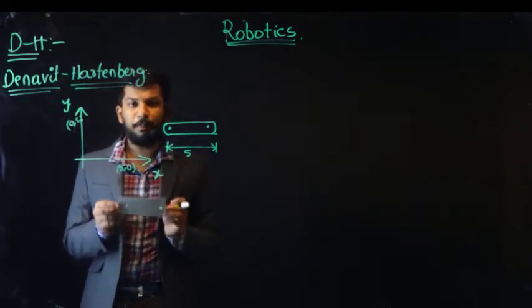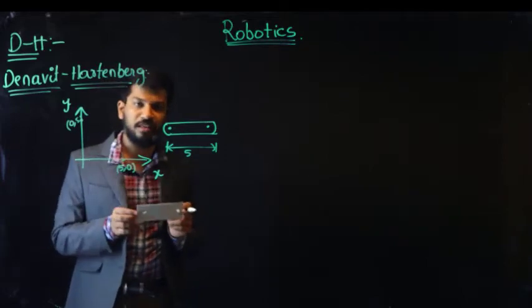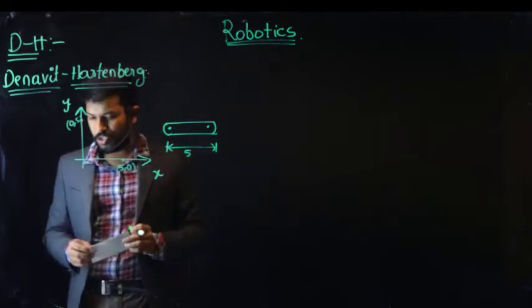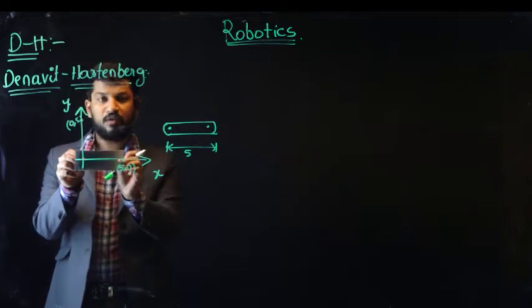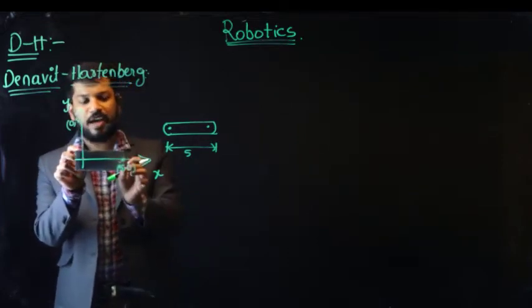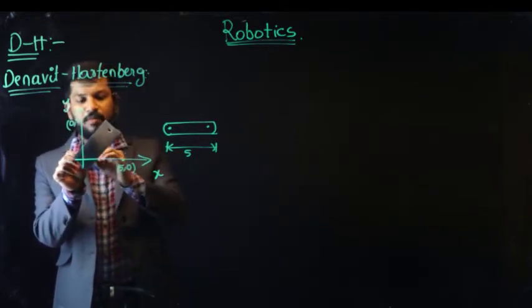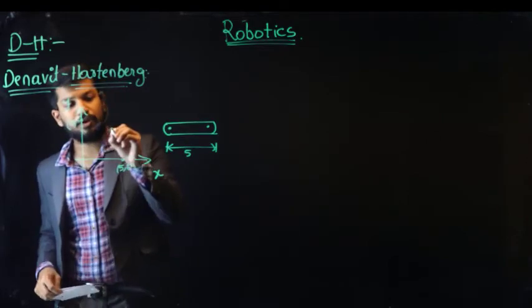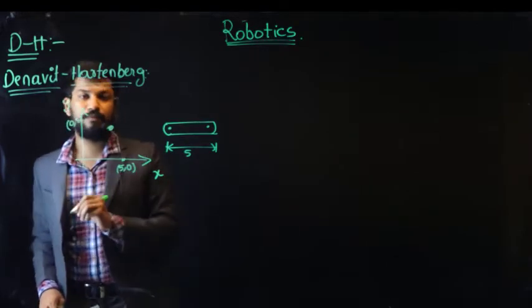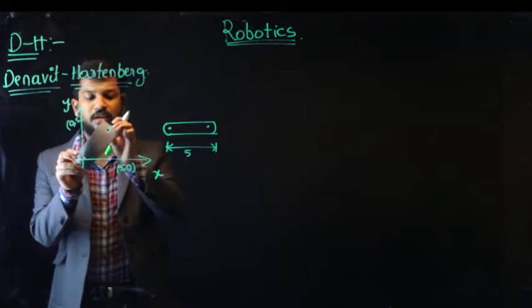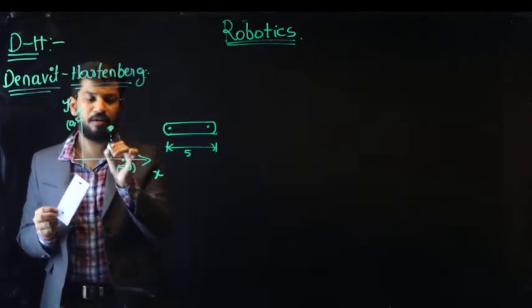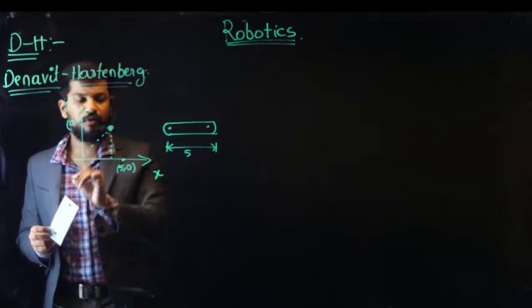That too, only when we know the exact link length can we identify this point. Suppose this link is equally inclined to the x-axis and y-axis, somehow like this, and I need to identify the point here. For that, I will generate an x component and a y component.